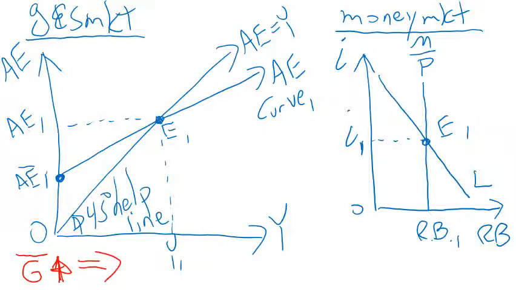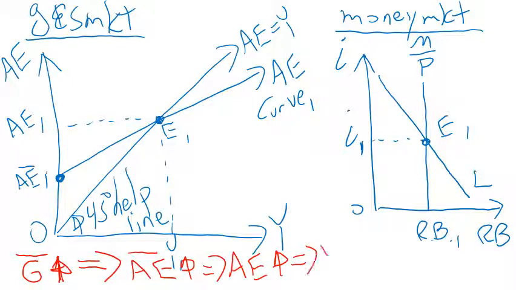The increase in autonomous government spending will increase autonomous aggregate expenditures, and that in turn will increase aggregate expenditures, and that in turn will increase GDP.